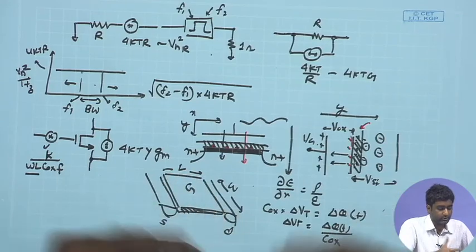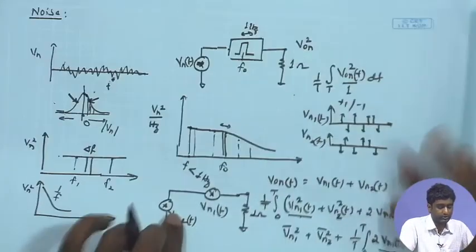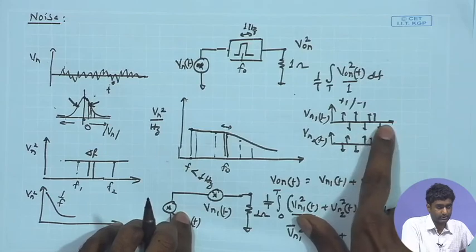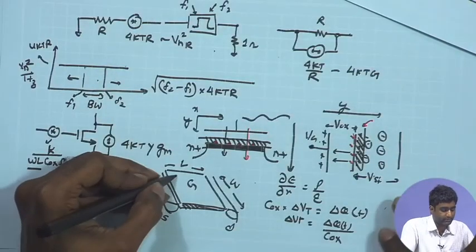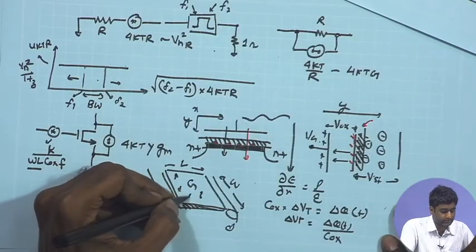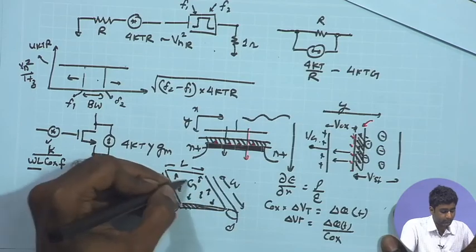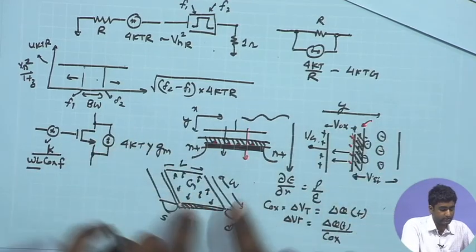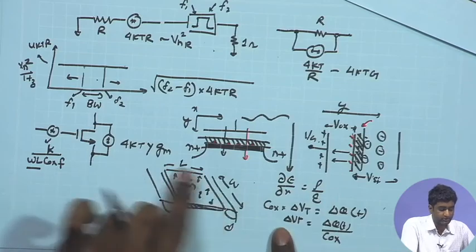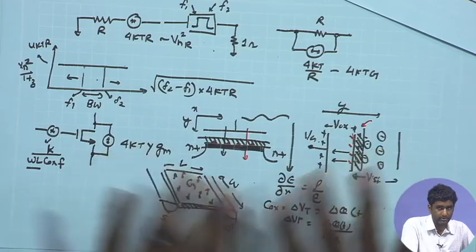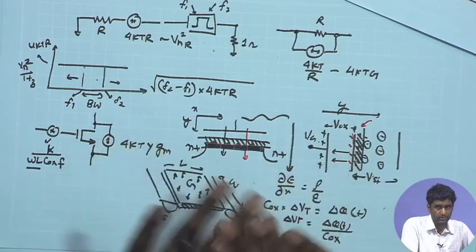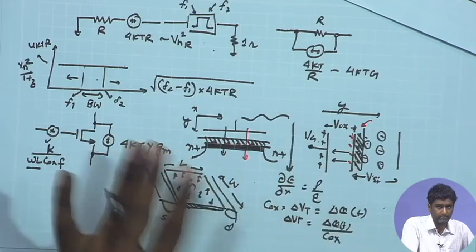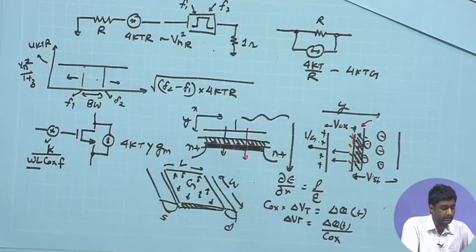Just like you have a time domain averaging that we talked about, here we talked about the time domain averaging of the noise signal. Likewise, you have this trapping detrapping process going on all throughout this area, and if I go for larger and larger area, this overall summation of the trapping detrapping process will average out, and it will lead to cancellation of this large number of trapping detrapping processes which are equal in probability, and as a result you will get lower and lower overall noise signal.